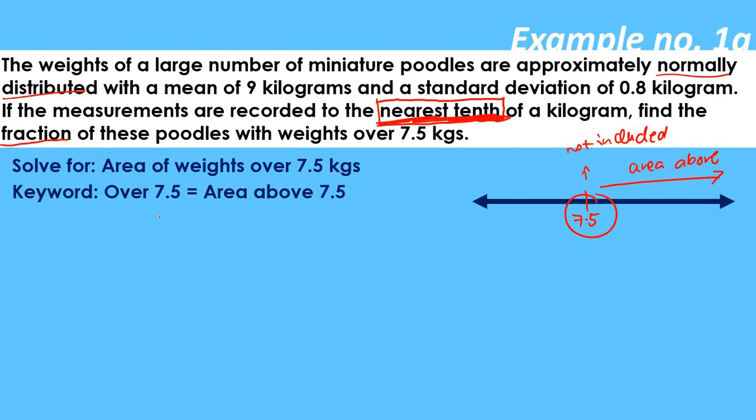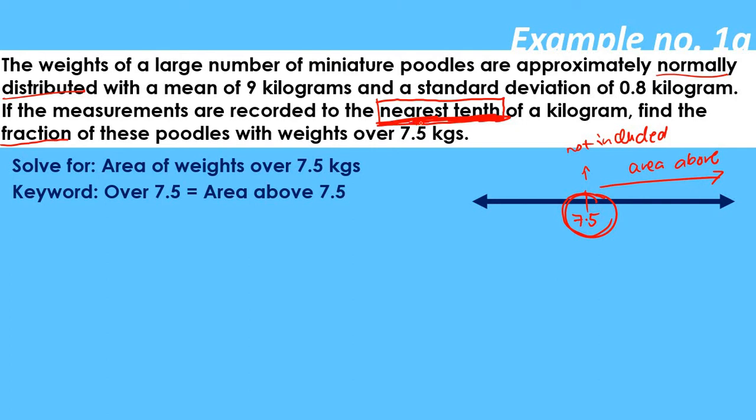So since we know that over 7.5 means area above 7.5, and that 7.5 is a value not included, then we need to adjust the x value a little over 7.5. Now, what will be our basis? That will be the rounding off given.